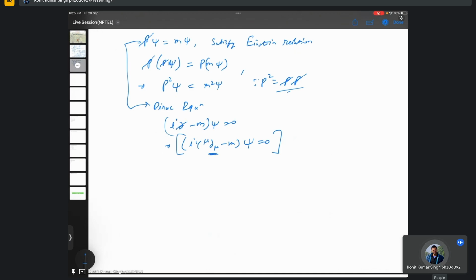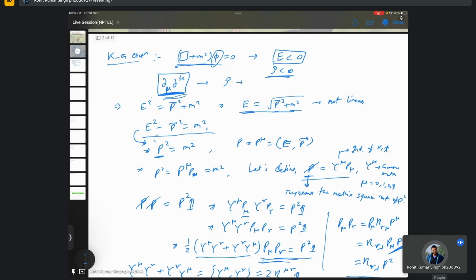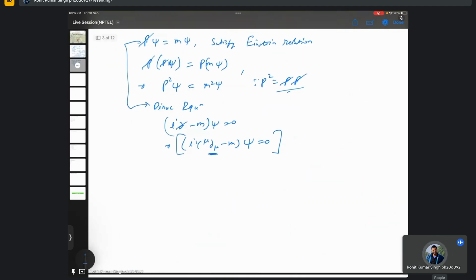So you see here that there is only linear order of derivative instead of the Klein-Gordon equation where we had second order derivatives. So when we find the solution of these equations and define the probability density, we don't get negative values as we got from the Klein-Gordon equation. Okay, so this is a nice thing about the Dirac equation.